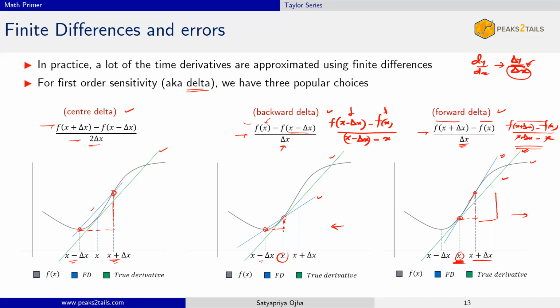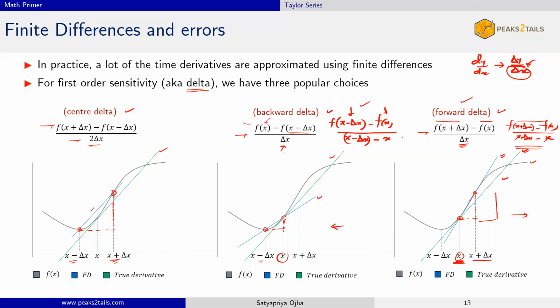Anyone? Arjit says it is twice delta now. Yes, so that's the reason. It requires two valuations.